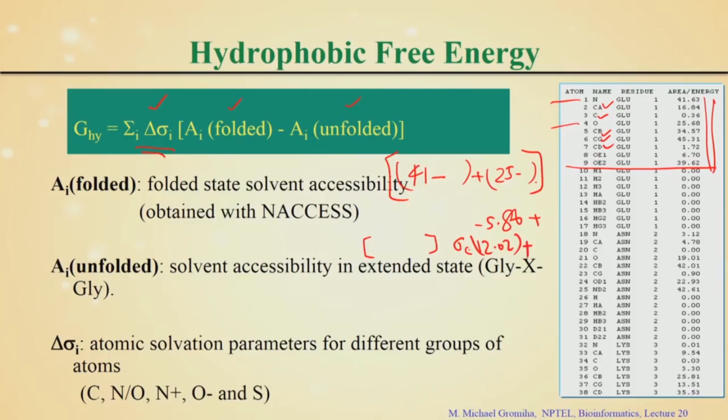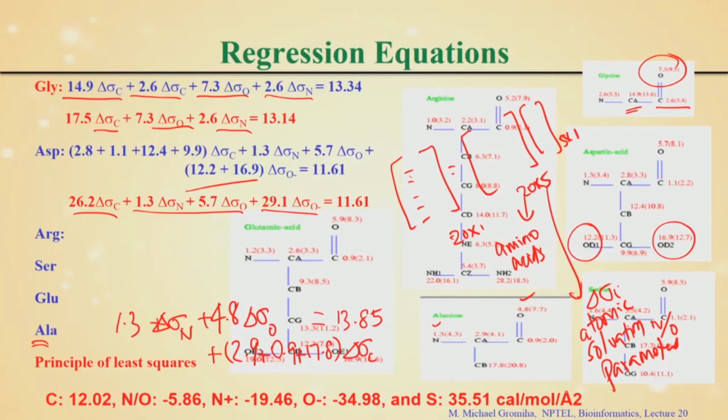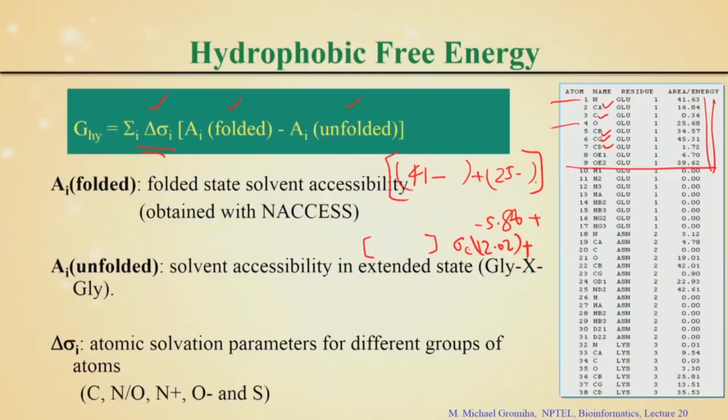Plus you can go for this O minus, where the value is minus 34.98, and you take the delta ASA of the O minus.